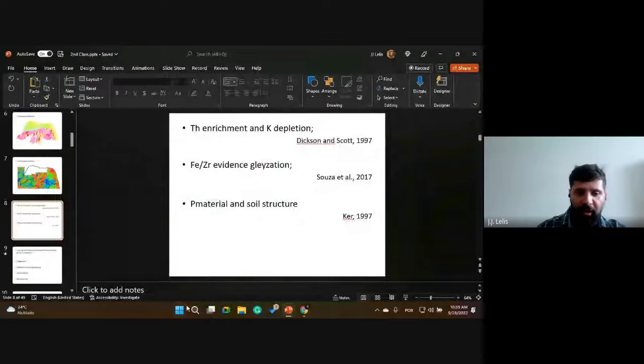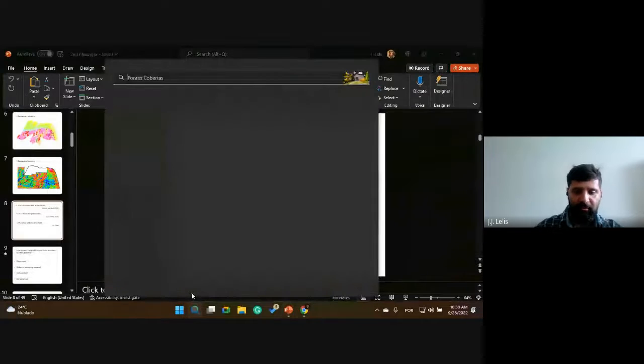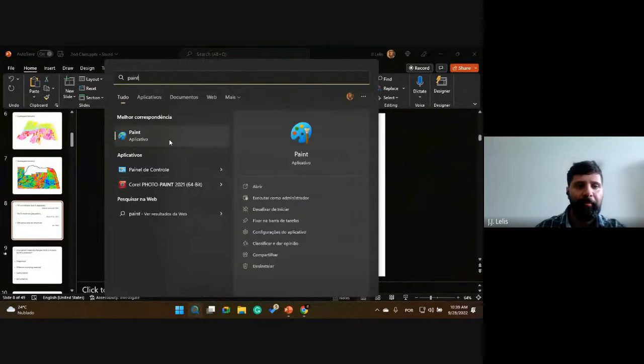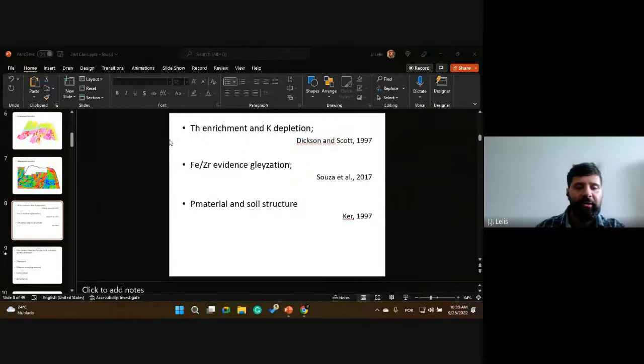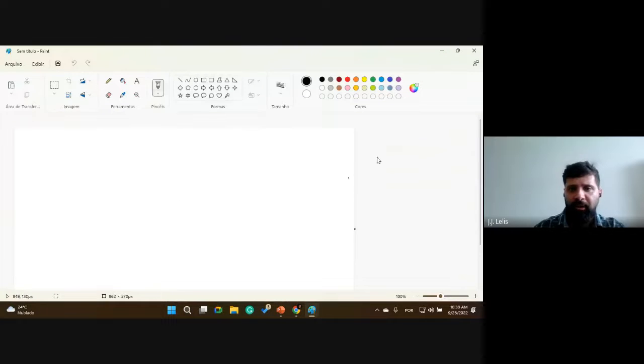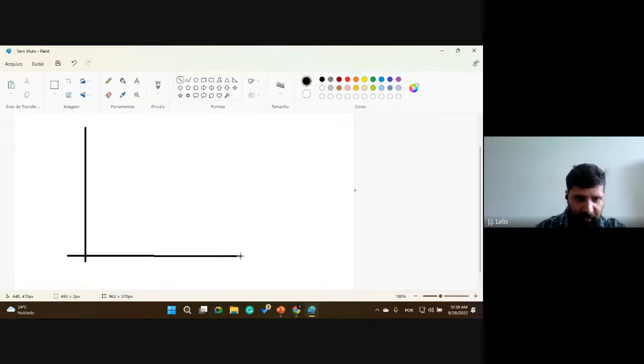I forgot to use my pen today, so I can use this app just to show you how iron and zirconium contents can help us understand some soil processes.